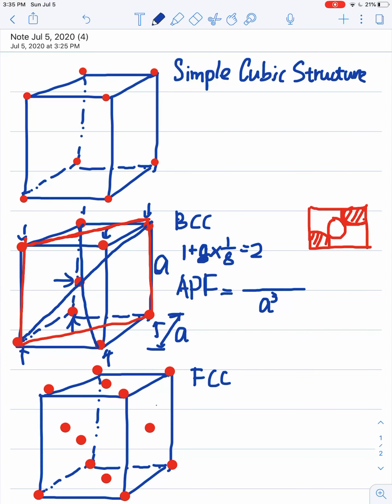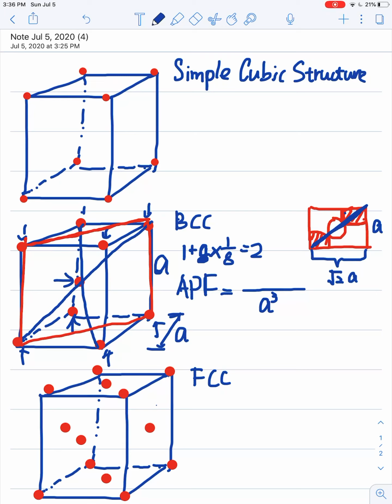So now we know this length is a, the length of the unit cell. And this length here is a face diagonal, the length of which is square root 2 times a. Now we know two lengths. Can we calculate the length of this line, the body diagonal?